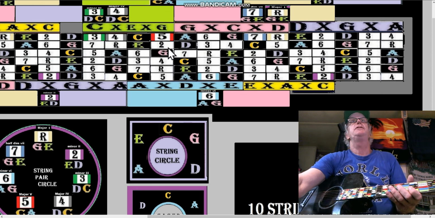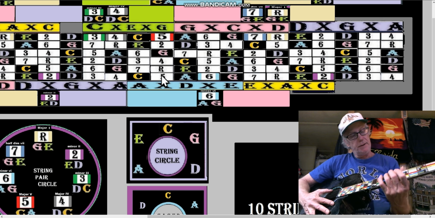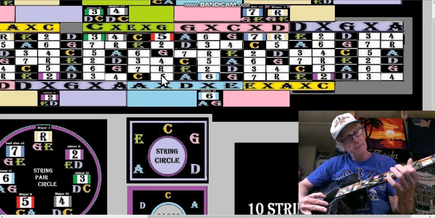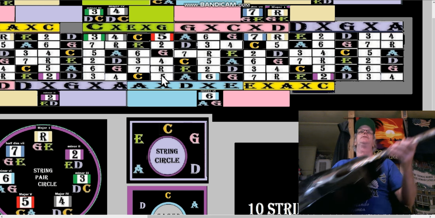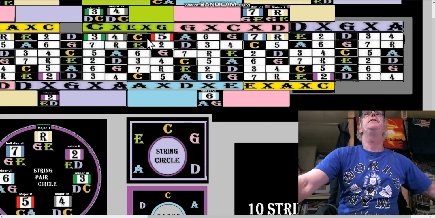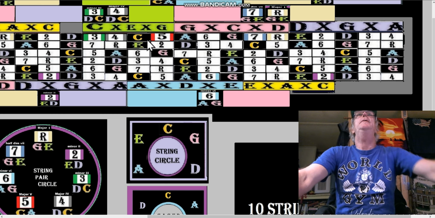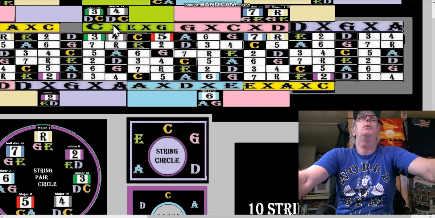Then we have the G shape 5th. So these are, you know, all right, that's your G-shaped arpeggio. So it's the G-shaped chord. So these are the 1, 4, 5.